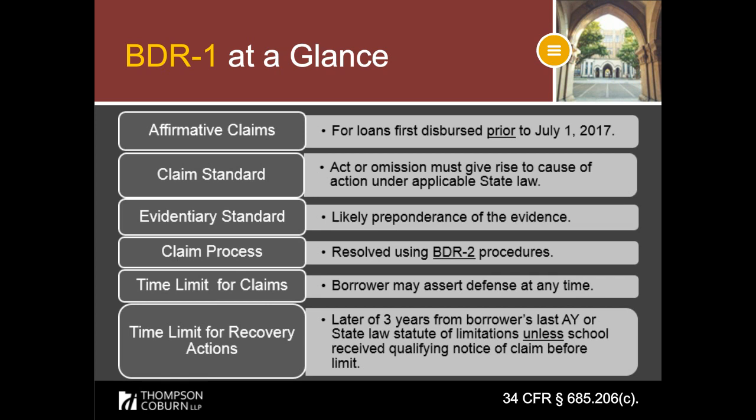And what that means is, when the department's evaluating the evidence and the application that a borrower has provided, and the other documentation they may have had on hand, to decide whether or not that act or omission really occurred, they're going to have to reach a determination that it's more likely than not, based on the evidence they have available, that it did occur.